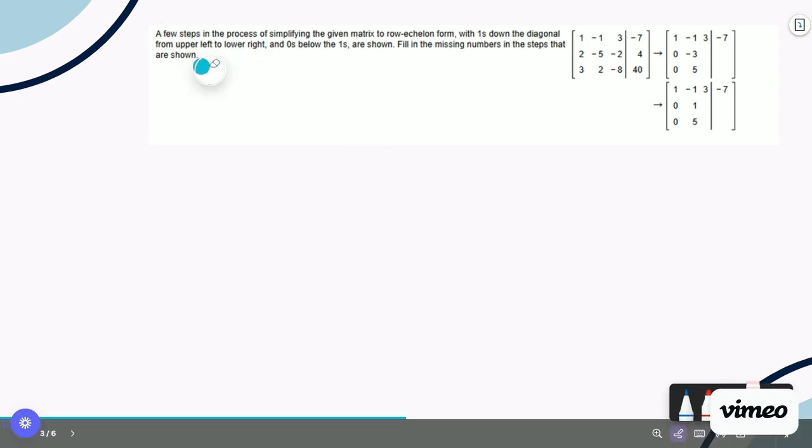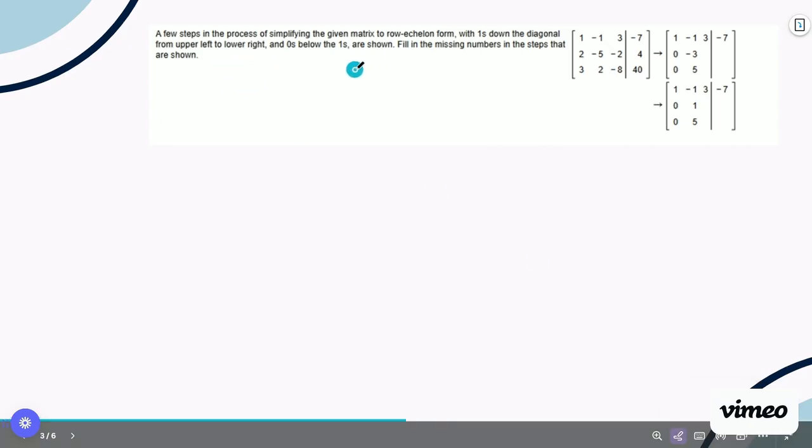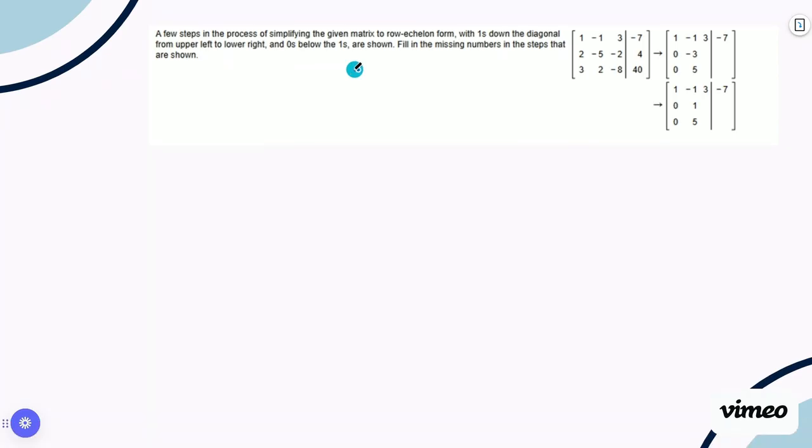So that's going to be my first step, to say negative 2 times row 1 plus row 2. And then my second will be to say, what is the inverse of 3?